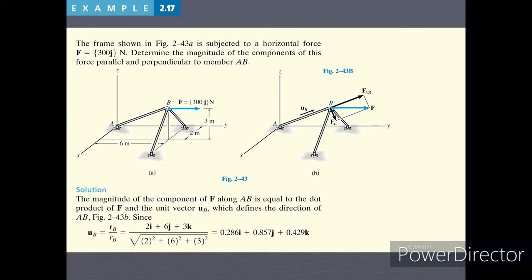But you see, one of the importance of using the position vector is that we can use the position vector to get the Cartesian vector form of any vector, because the unit vector can be defined in terms of the position vector or in terms of the vector itself, isn't it?